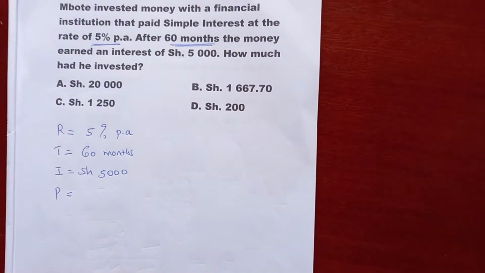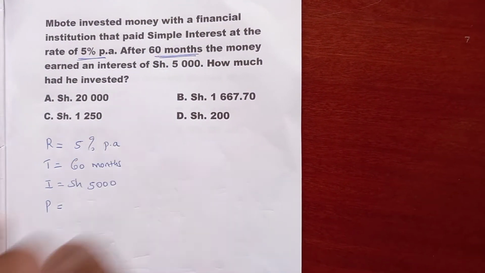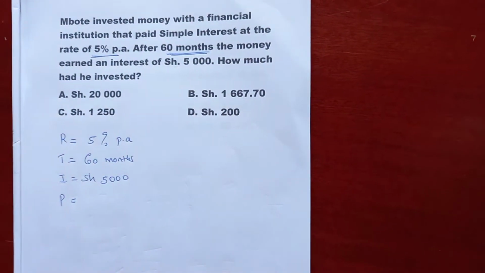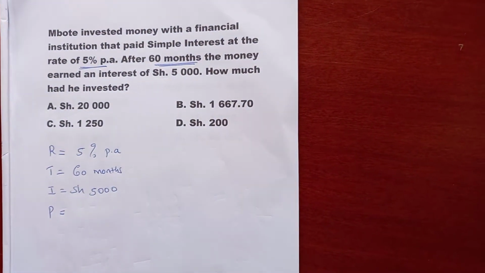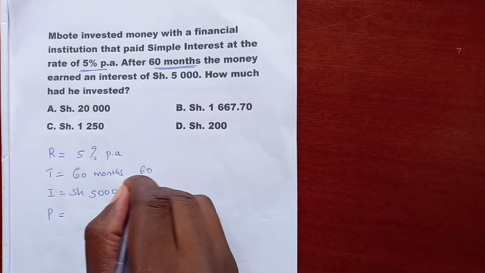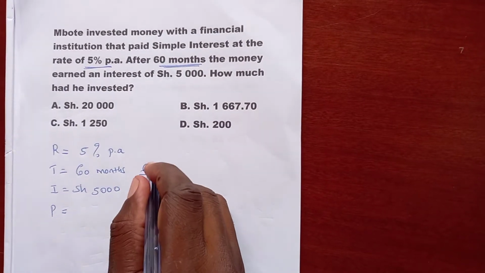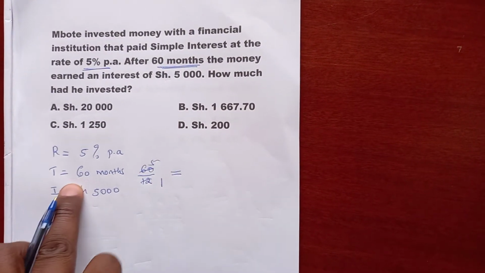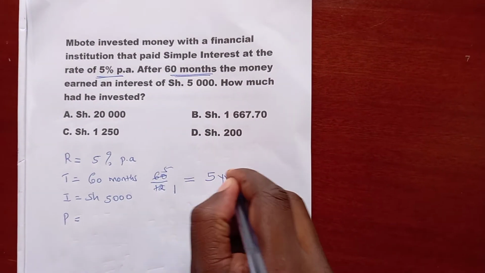So, what is the first thing to do? We convert months into years. Remember, 1 year is equivalent to 12 months. So to change 60 months into years, it will be 60 over 12, or divided by 12. By 12, 1. By 12, 5. So 60 months is equivalent to 5 years.